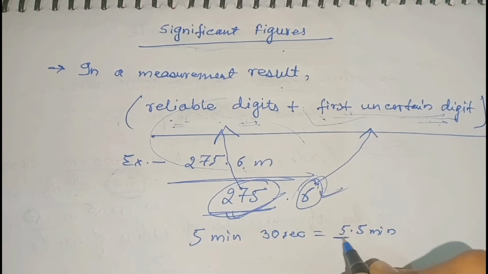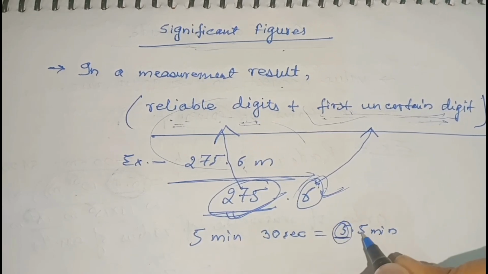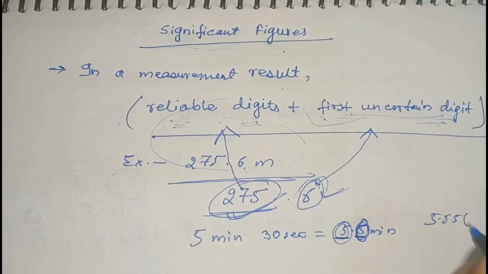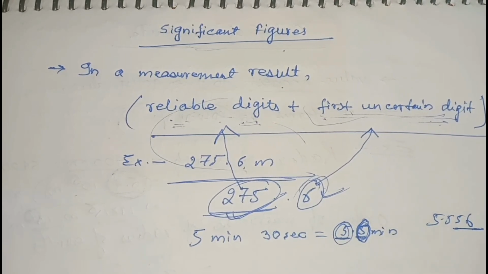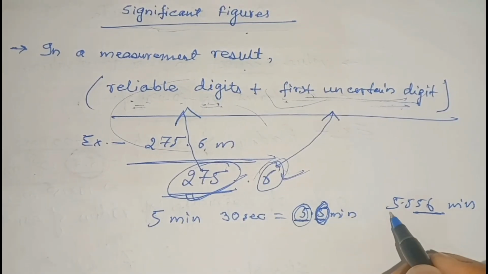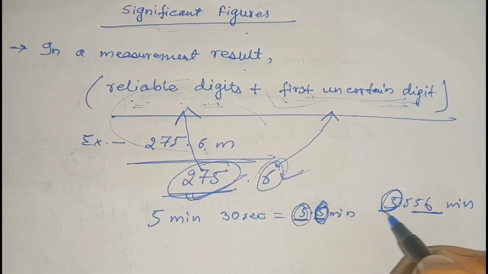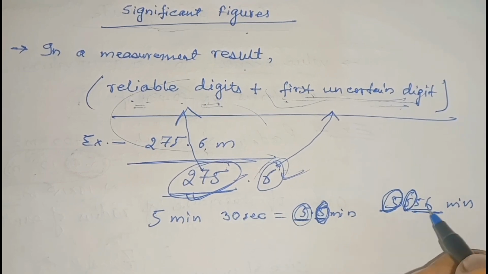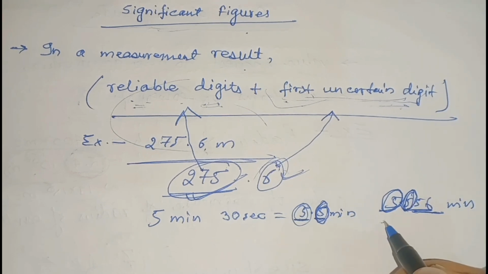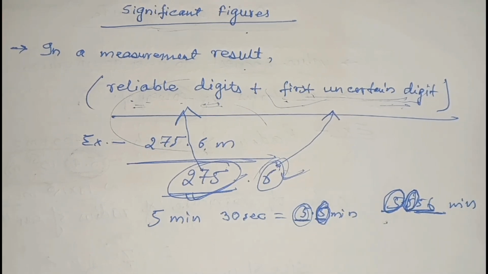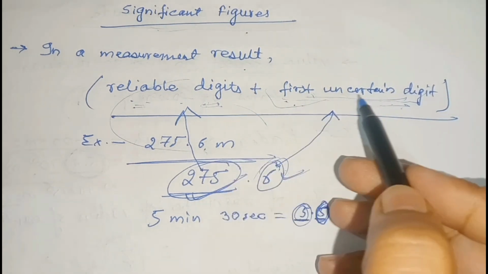Here 5 minutes is a reliable digit, exact data, and 0.5 can be doubted, so this comes under the uncertain category, the first uncertain digit. Suppose this is 5.556 minutes. In such a situation we take the 5 as the reliable category, and the next digit is the first uncertain. There are 3 uncertain digits, but we take the first uncertain one, so the significant figures define the measurement data with the reliable digits plus the first uncertain digit.